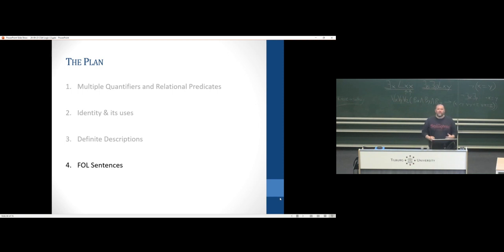This is going to be a little bit messier than when we defined them for TFL. The way we're going to do it is we're first going to define a kind of proto-sentence, something called a formula, and then we're going to say when formulas are sentences. So it's going to be a two-step process.